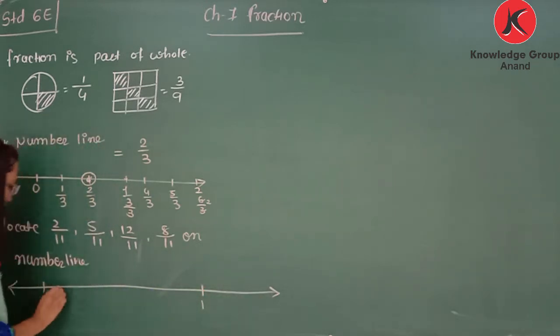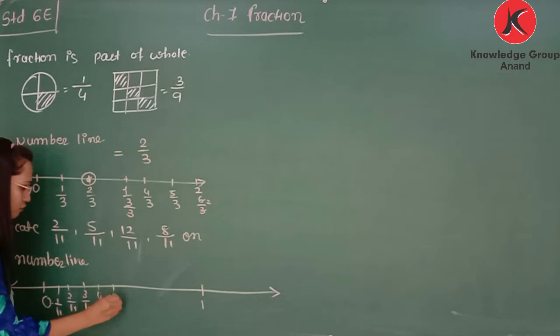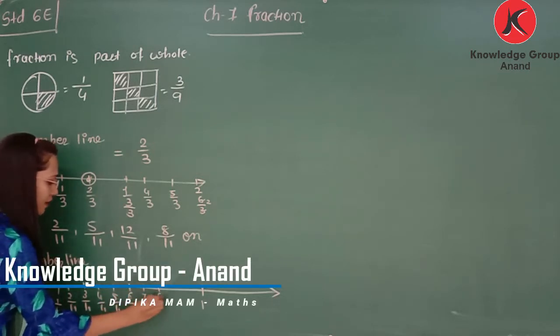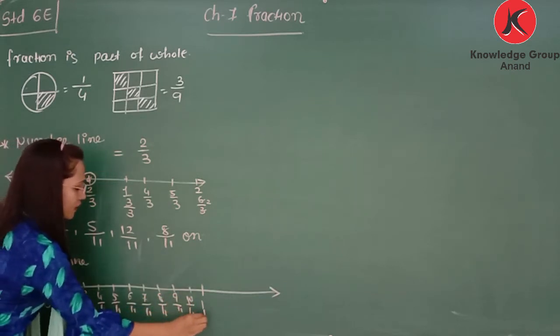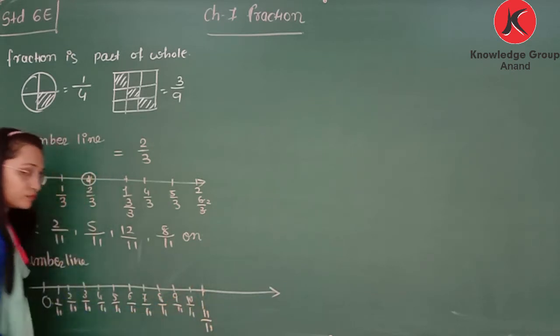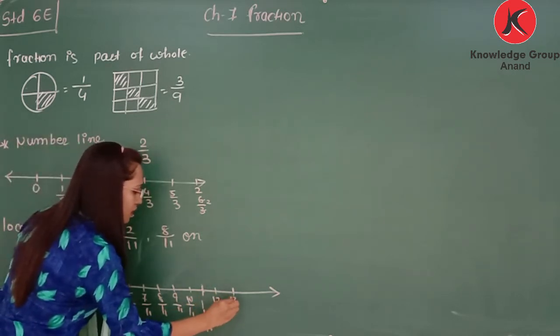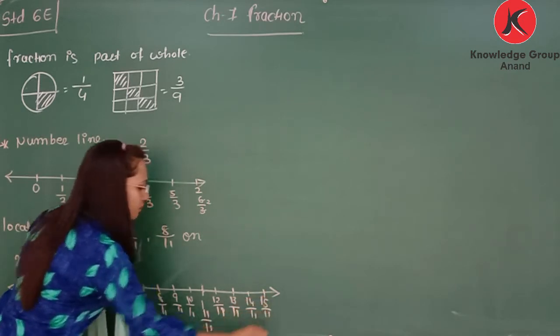So let's draw 1 by 11, 2 by 11, 3 by 11, 4 by 11, 5 by 11, 6 by 11, 7 by 11, 8 by 11, 9 by 11, 10 by 11, 11 by 11, that is 1. After that you can write 12 by 11, 13 by 11, 14 by 11, 15 by 11.